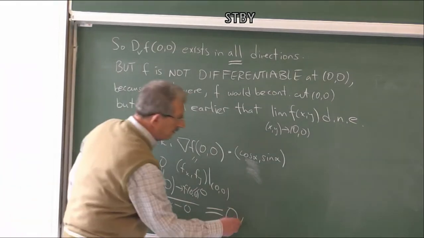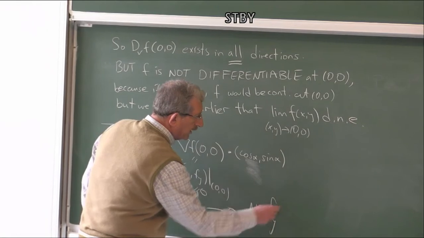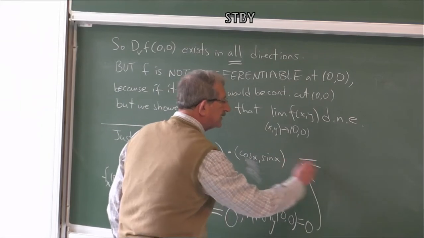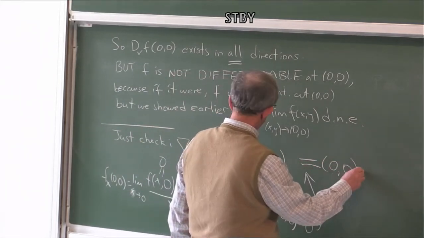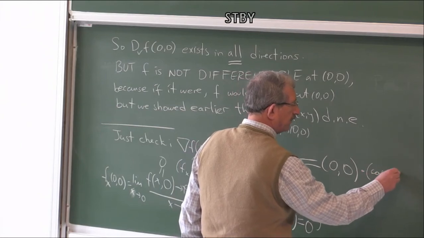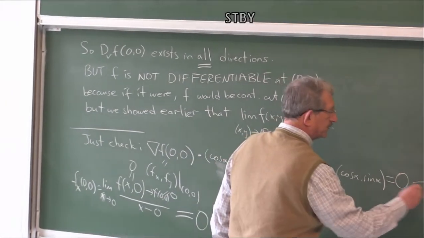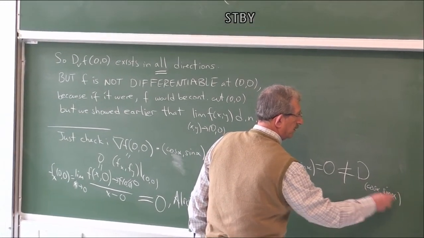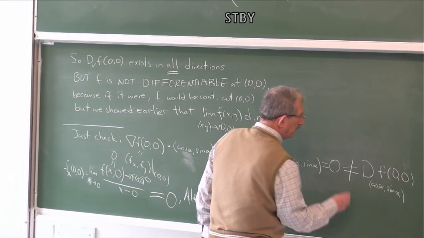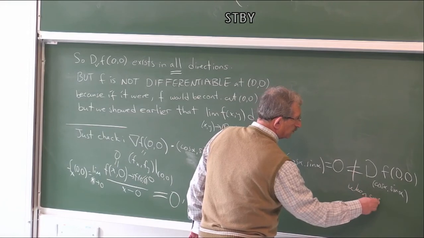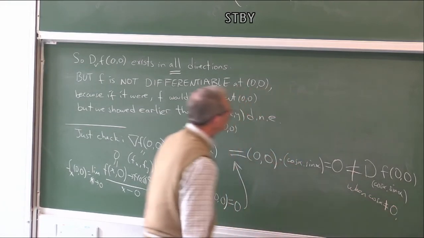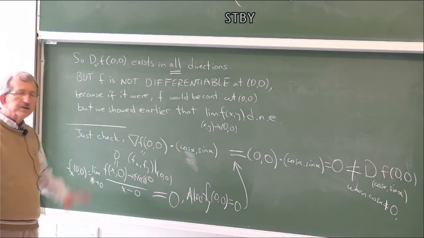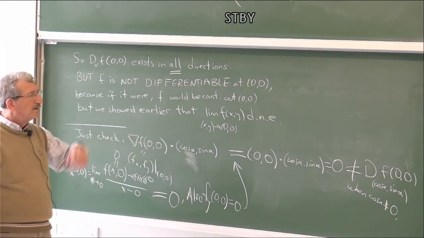Similarly, f sub y at (0, 0) is 0. So putting these in place, we have (0, 0) dot (cosine alpha, sine alpha), which is 0. It is not the directional derivative of f at (0, 0) when cosine alpha is not 0. Because if it's not 0, we found it to be sine squared alpha divided by cosine alpha, which is not 0 in general. But here, it says it is 0.